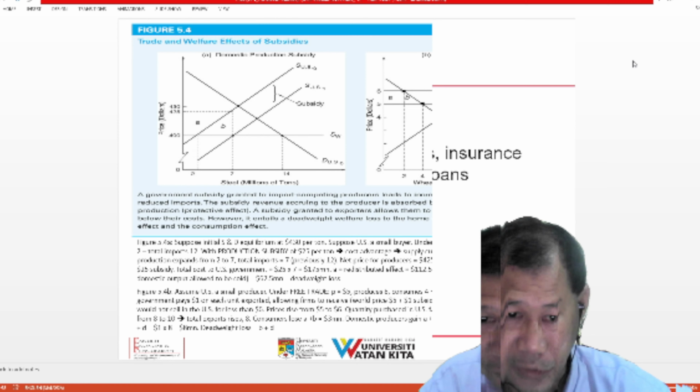Under free trade, with world price at 5, producers produce 8, consumes only 4, so 4 is total export. Now we're talking about export, okay? Just now we were talking about import.